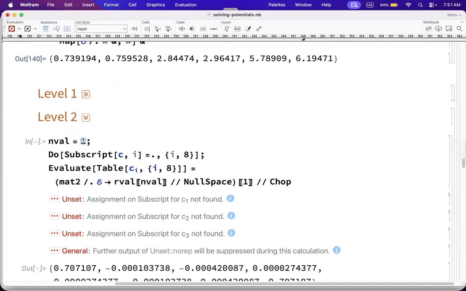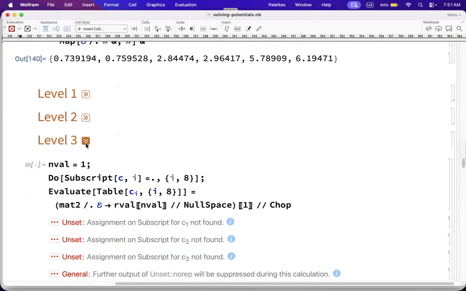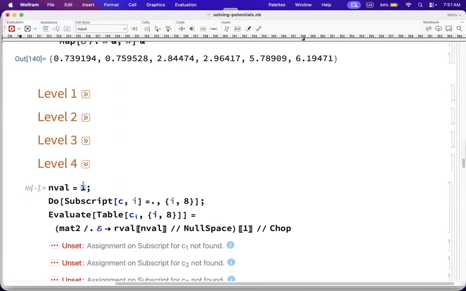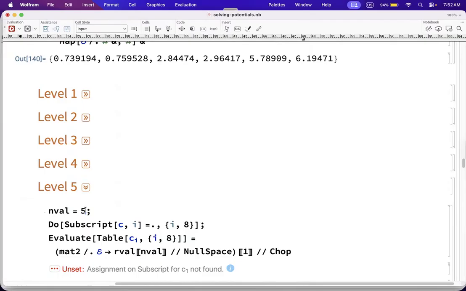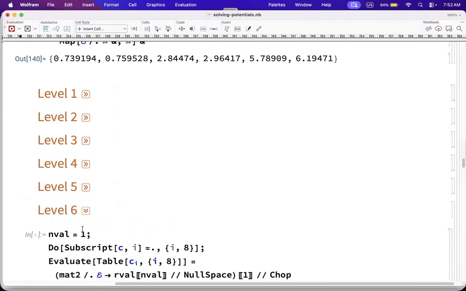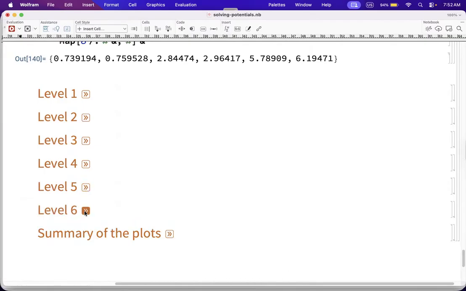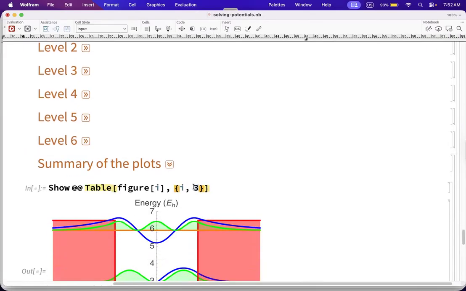You change here just to 2, here to 3, here to 4, here to 5. So simple. Here to 6. And now I select all of them, the missing ones from here till here. Shift enter. And now we can check this from 1 to 6.